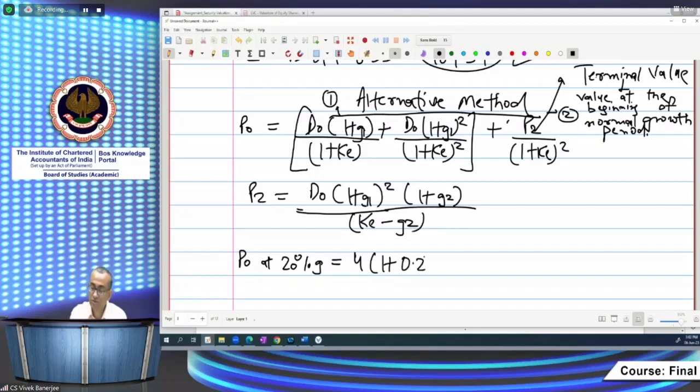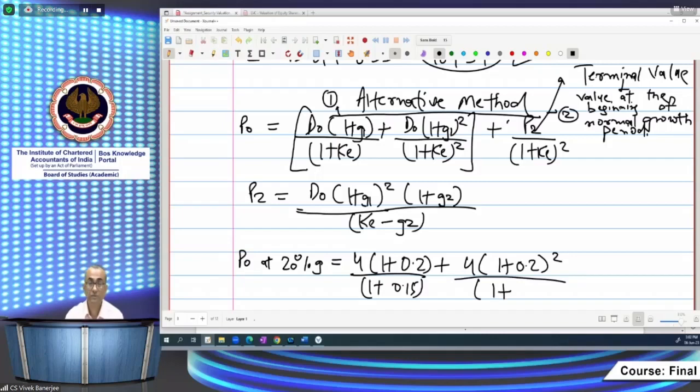It is the current dividend, 4, into 1 plus the supernormal growth rate, which is 20%, upon KE, the discount rate, which is 15%, plus 4 into (1 plus 0.2) square upon (1.15) square. We are just putting the figures into the formula.